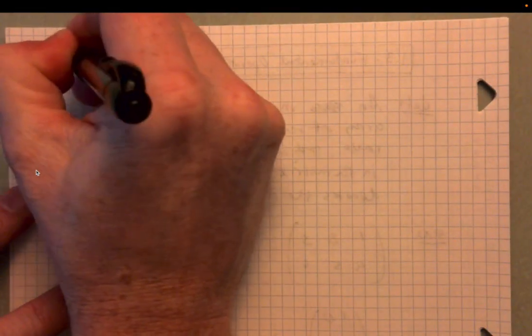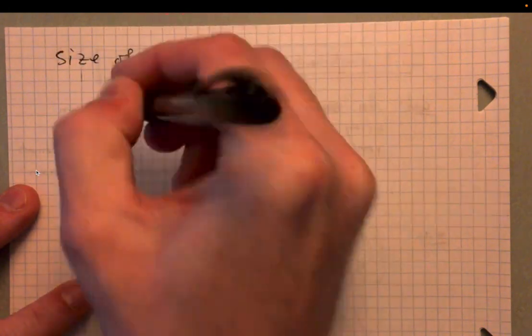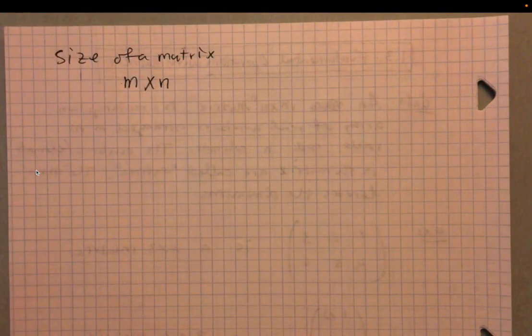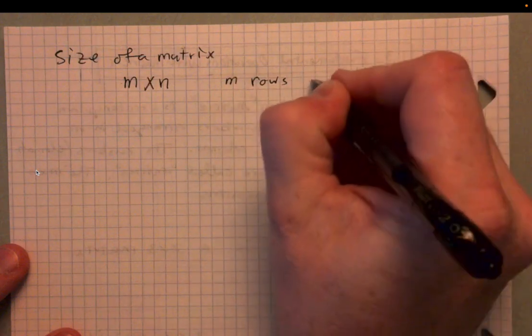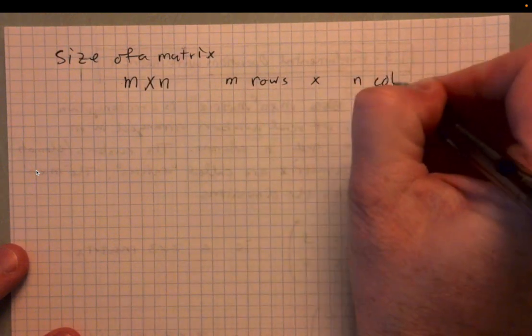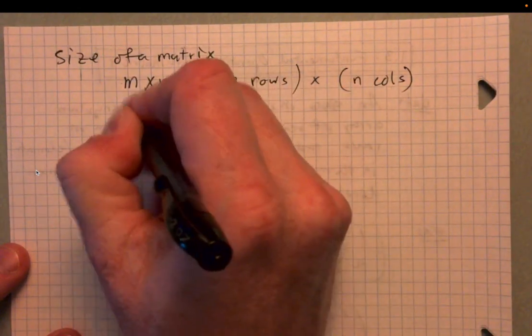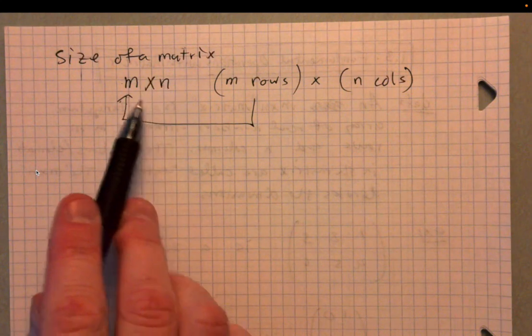We already kind of discussed this, but just to emphasize, the size of the matrix is denoted as m by n in the general case. This means m rows by n columns. The thing to point out here is that the first entry in the m by n denotes the number of rows.